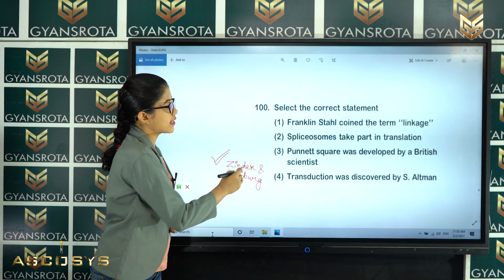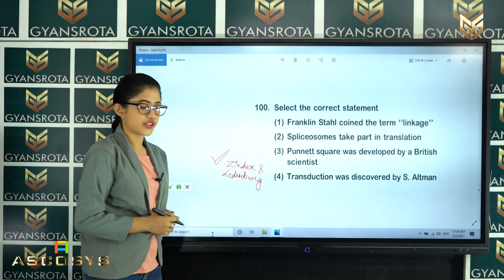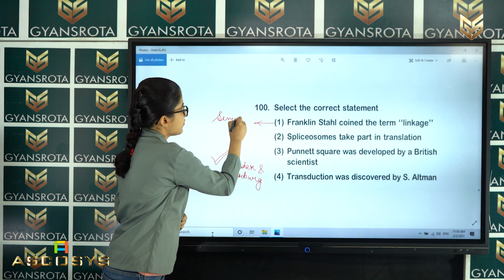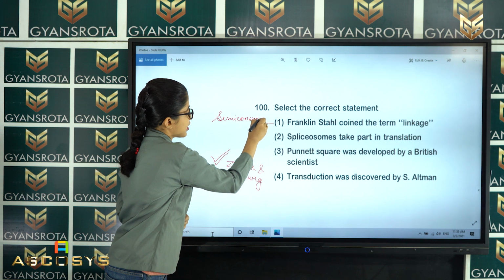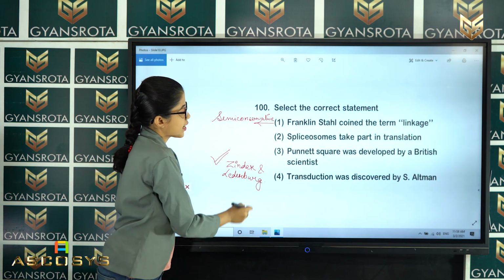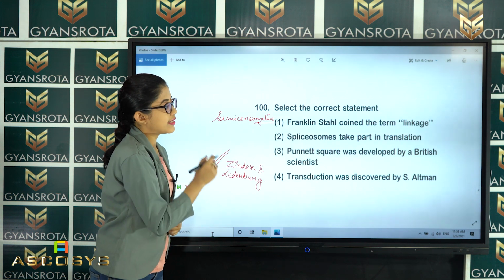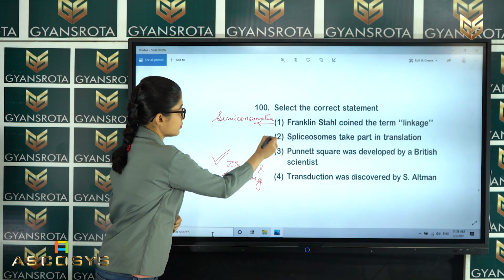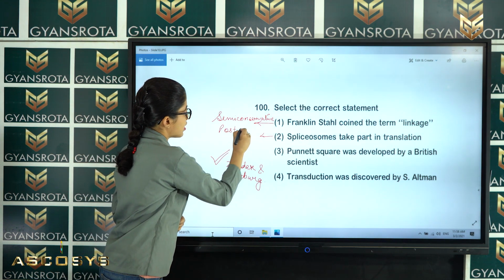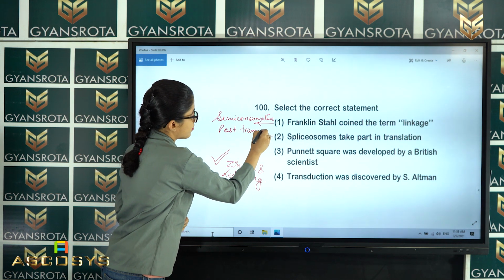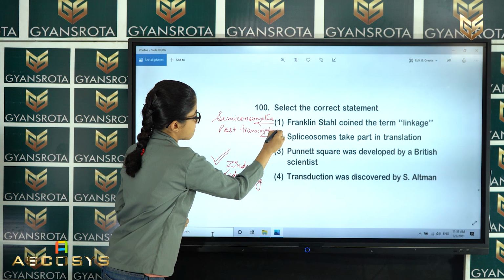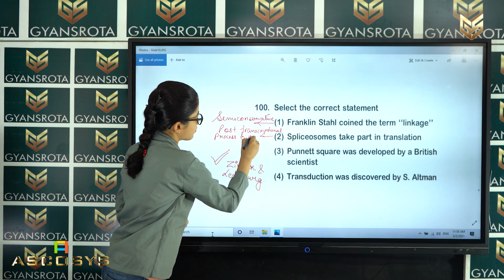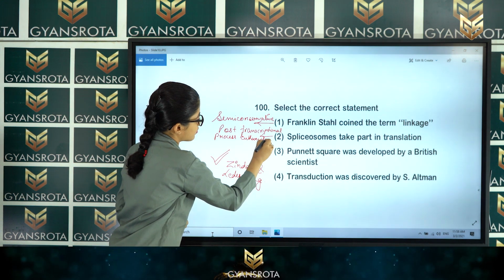And option number 1 says that Franklin Stahl coined the term linkage, but it is an incorrect statement. It says the semi-conservative nature of the DNA. And in option number 2, spliceosome takes part in translation, whereas the spliceosome takes part in the post-transcriptional process in eukaryotes, right?